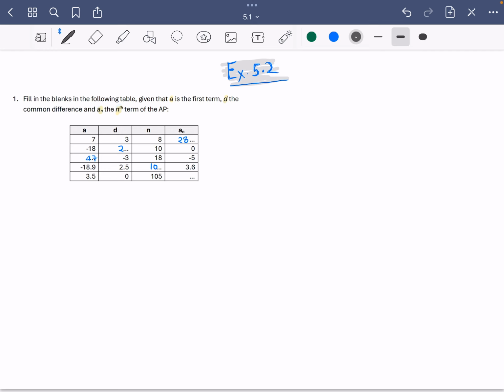The last subpart, given A, which is 3.5, D is 0. If the common difference is 0, then the AP will remain the same. It's the first term, so it's 3.5, 3.5, 3.5. You can tell it, but we will use the formula to find out AN.